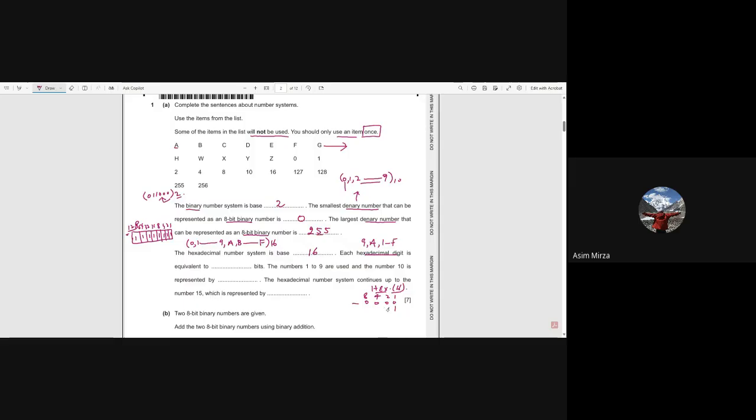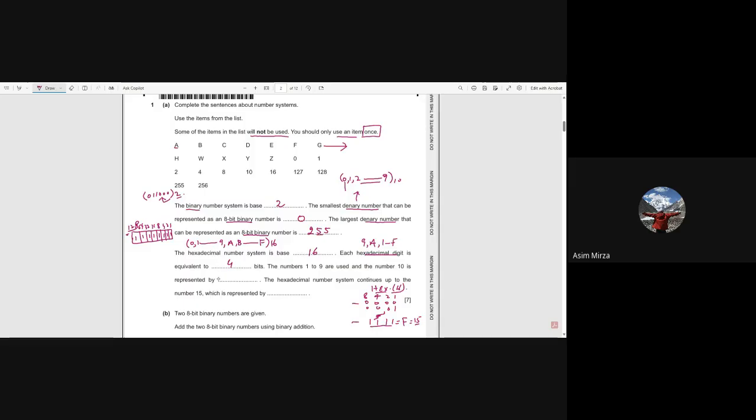Then we have 1, 2, 3, 4, 5, 6, 7, 8, 9, 10, 11, 12, 13, 14. And the last one would be 1, 1, 1, 1, which is equal to F. F means, if I write this in binary, that is 15. So 1 1 1 1 represents F. F means 15, right? So to accommodate the hexadecimal number system's digits, we need 4 bits.